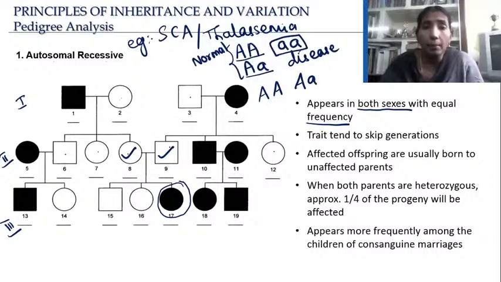Only when it is homozygous recessive will they have the probability of developing the disease. So that is why it skips the generation, because it is recessive.